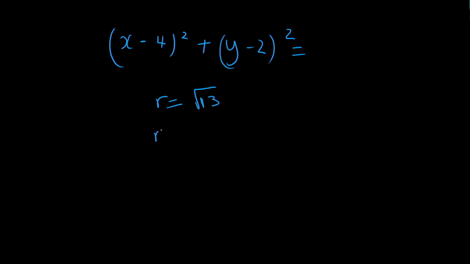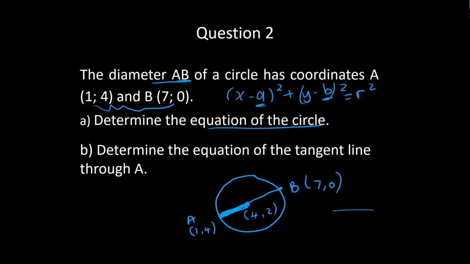So therefore r squared, square both sides, would be 13. So x minus 4 squared plus y minus 2 squared is equal to 13 would be the equation of this circle. All right. Okay, and let's have a look at what else they say.